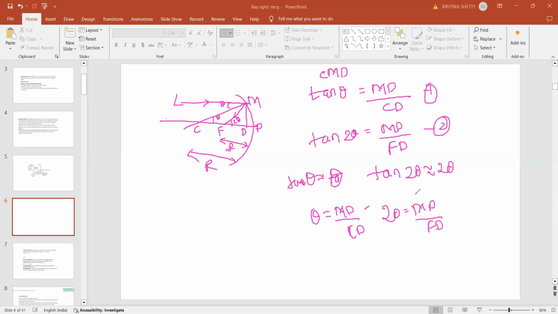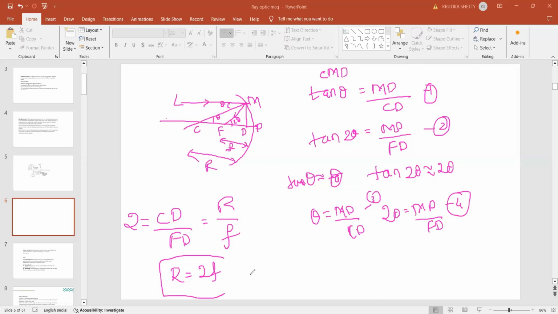Equation 3, equation 4. So doing 4 by 3, we will get 2 is equal to CD divided by FD, which is equal to R divided by F. Simple derivation. So the final formula is R is equal to 2F, or you can say F is equal to R by 2.